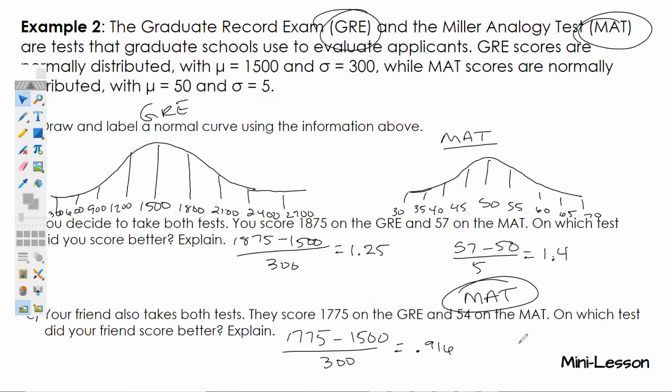If you want to round on that, that's okay. And then on the other one, we got 54 minus 50 divided by 5. That's going to give me 0.8. So which one did they score better on? The GRE, right? They had a higher standard deviation above the mean than on the other test.